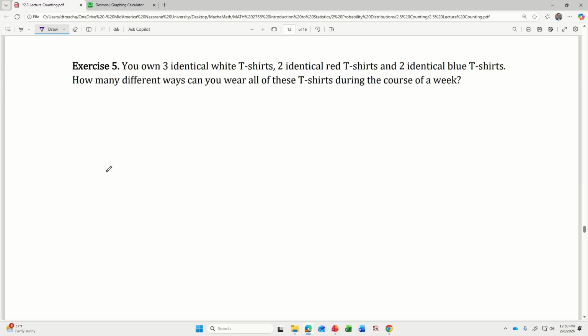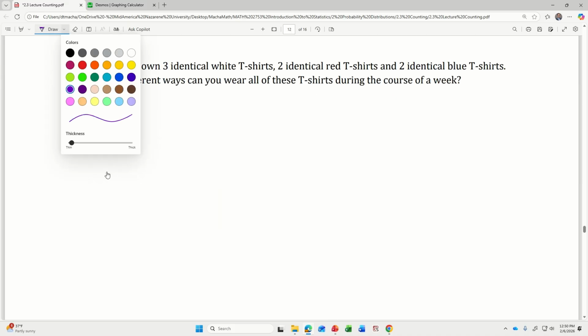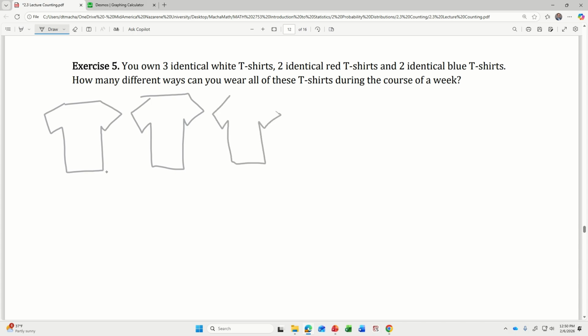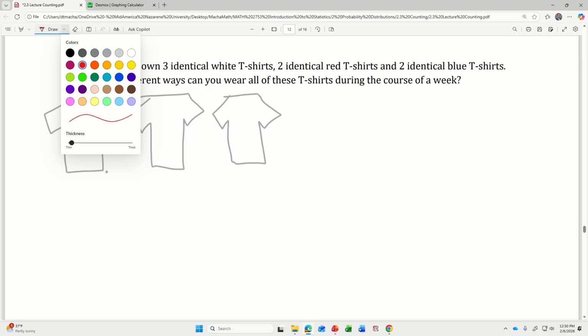Okay, this is a different problem type. So read this one carefully. It says you have 3 identical white t-shirts. And you have 2 identical red t-shirts. And you've got 2 identical blue t-shirts.